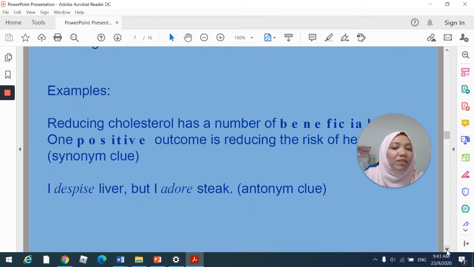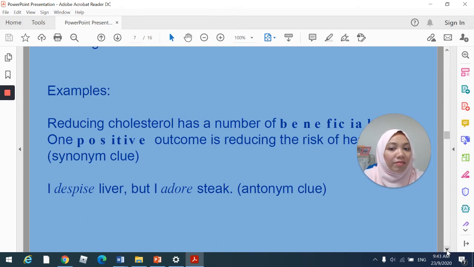I despise liver, but I adore steak. If you're not familiar with the word despise, you can see the second part of the sentence. The word but shows contradiction. The next word is adore, which is a more frequent word.